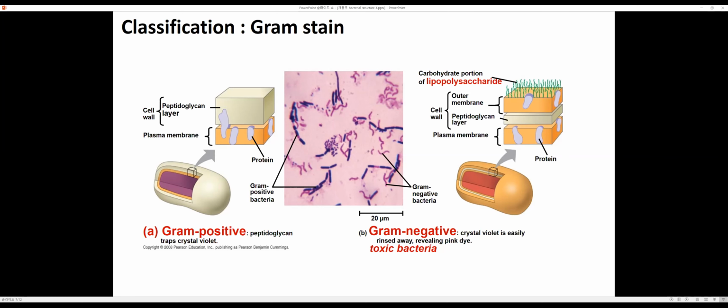So that's why some drugs, let's say penicillin and its related beta-lactam compounds, have their target here, the peptidoglycan layer. So the target is exposed. But if penicillin reaches here and cannot penetrate the first membrane structure, it cannot attack these peptidoglycan layers.